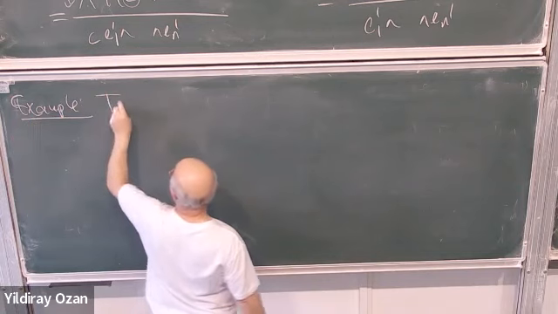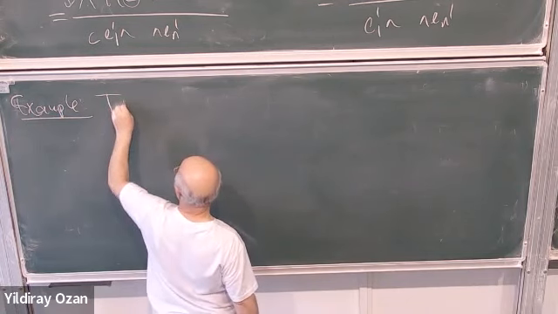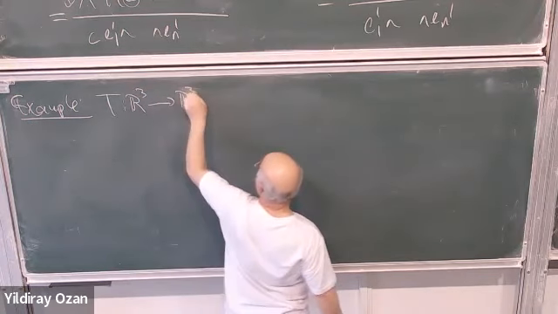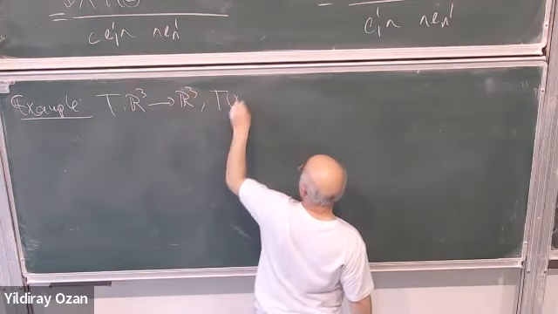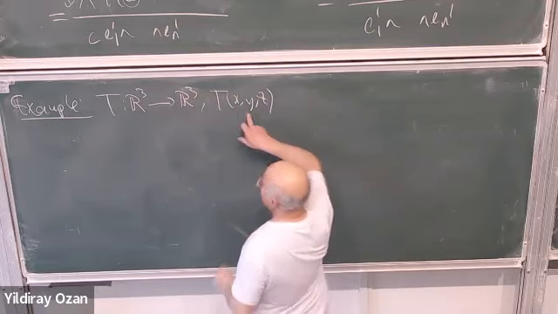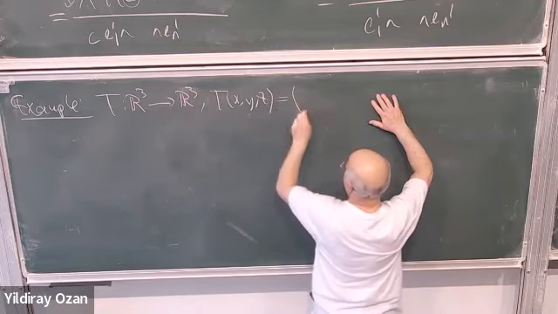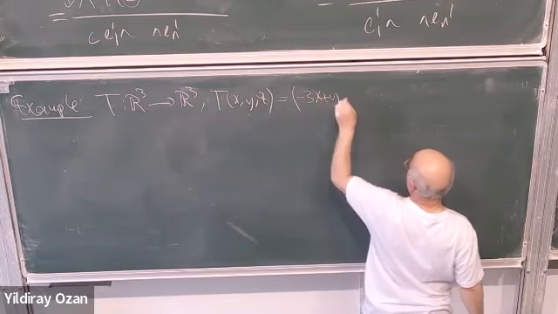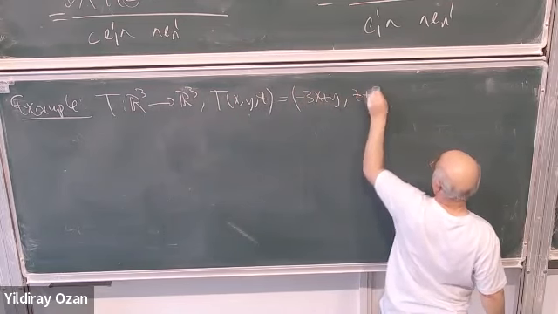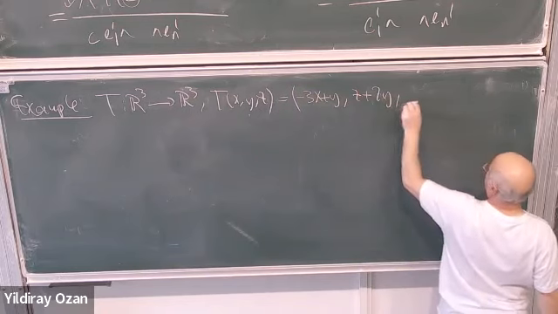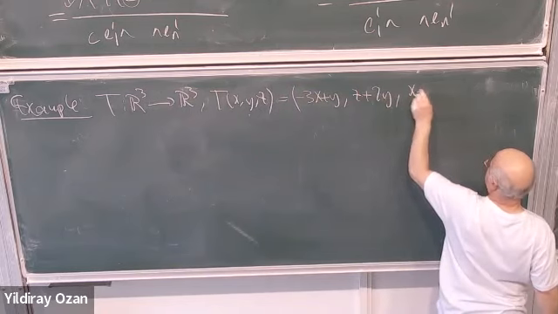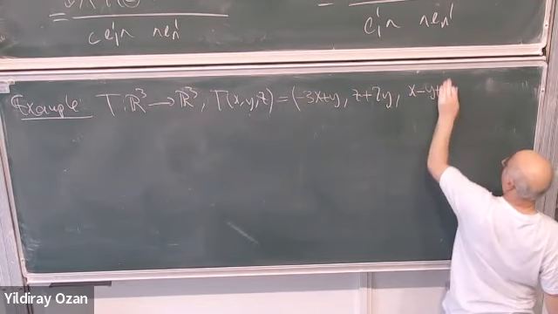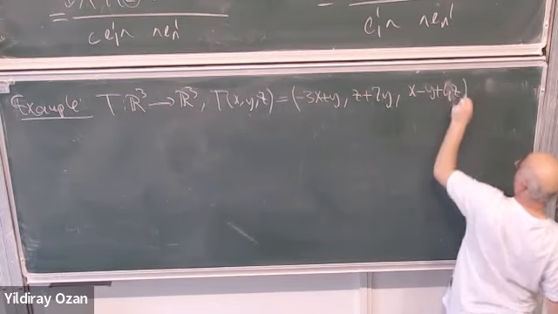Let's say T is this linear map from R3 into R3 given by T of X, Y, Z. So I take a triple and let's say send it to the following: minus 3x plus y, z plus 2y, and x minus y plus 4z.